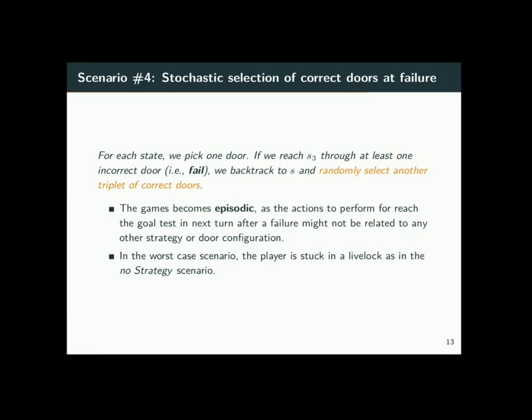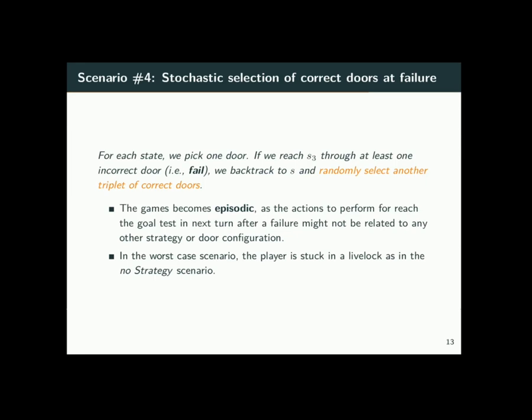Livelock is different from deadlock. Deadlock in theoretical computer science means that I'm not doing anything at all, I'm dead and stuck. Livelock is I'm doing something, but I'm not progressing. So that is actually what a livelock is in theoretical computer science.